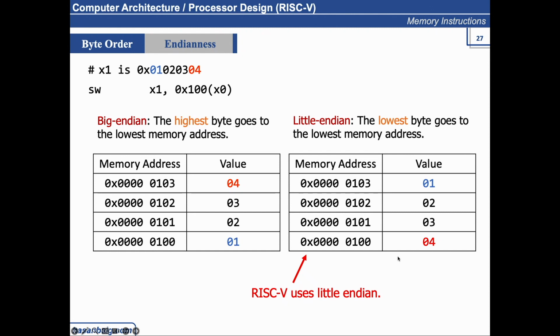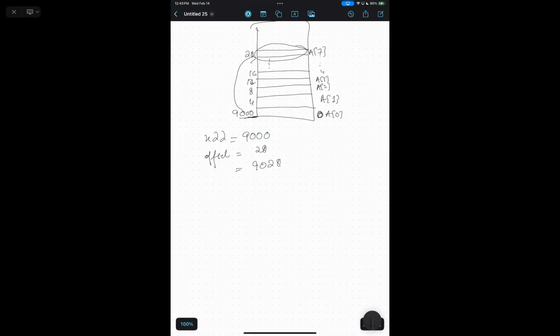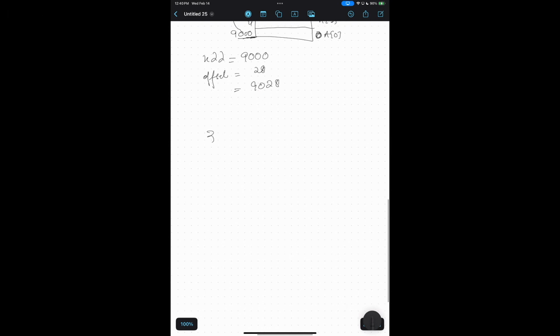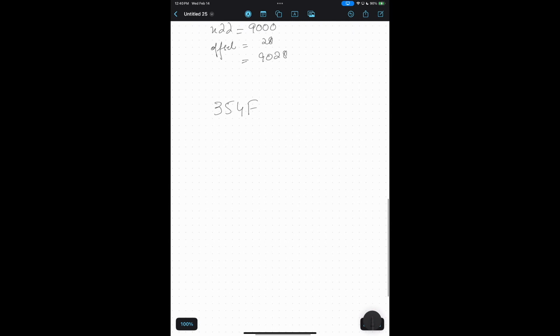Okay, if I were to ask you about, say, suppose we have data, let's say 35 4F. How will it be stored in big endian?